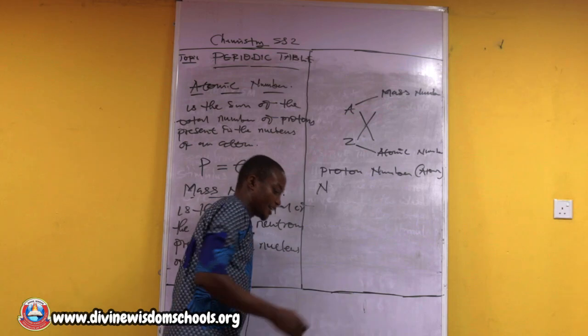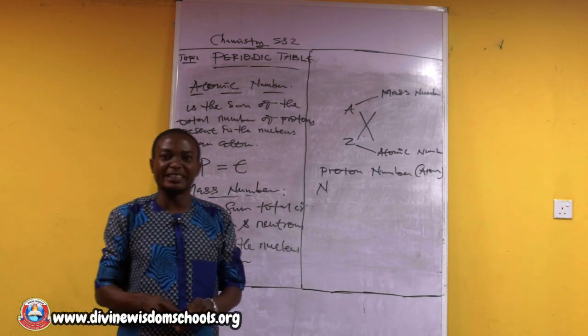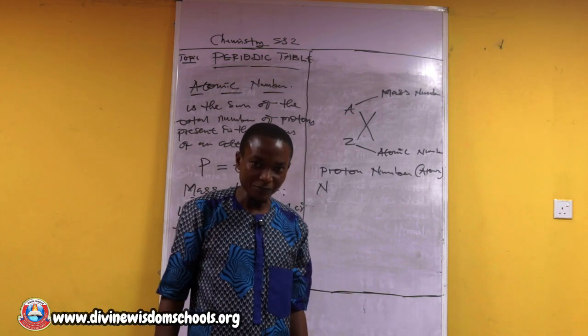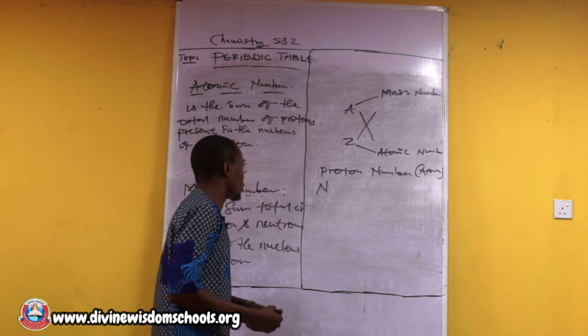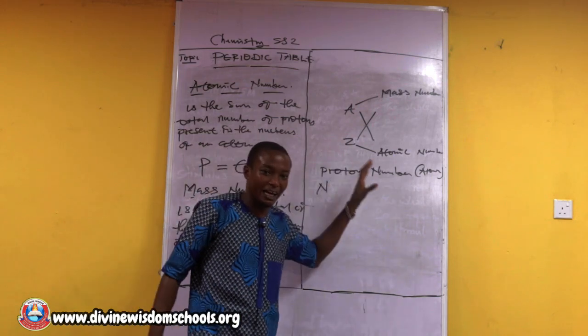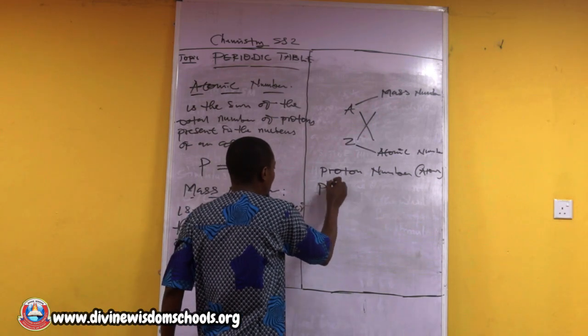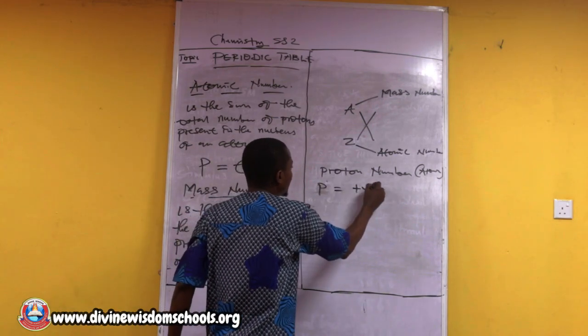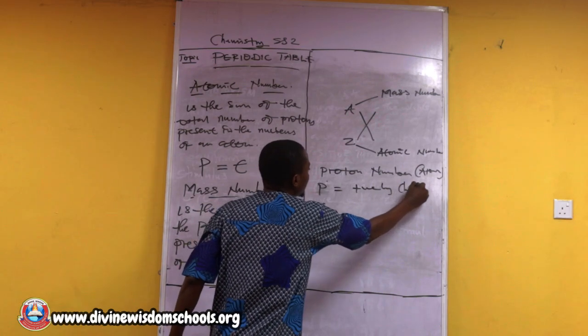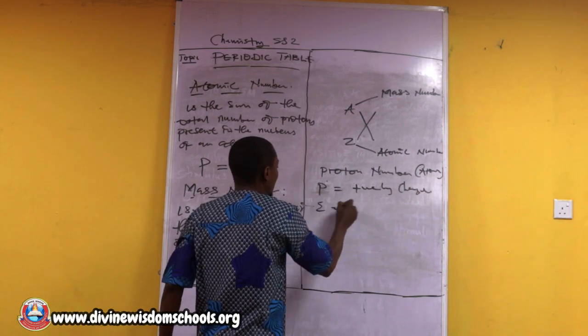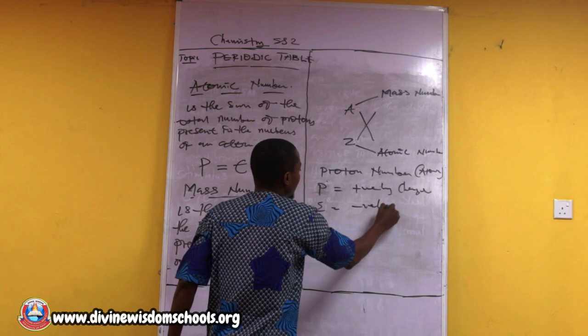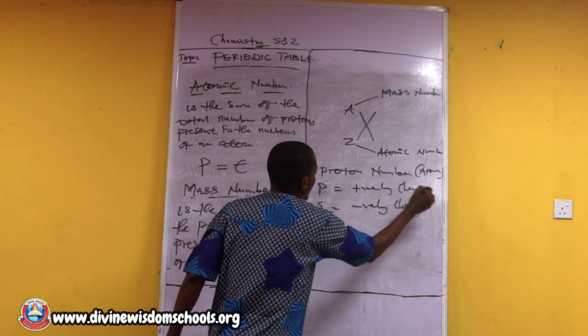How do we now get the neutron number in terms of calculation? Of course, we know that the protons are positively charged, while the electrons are negatively charged.